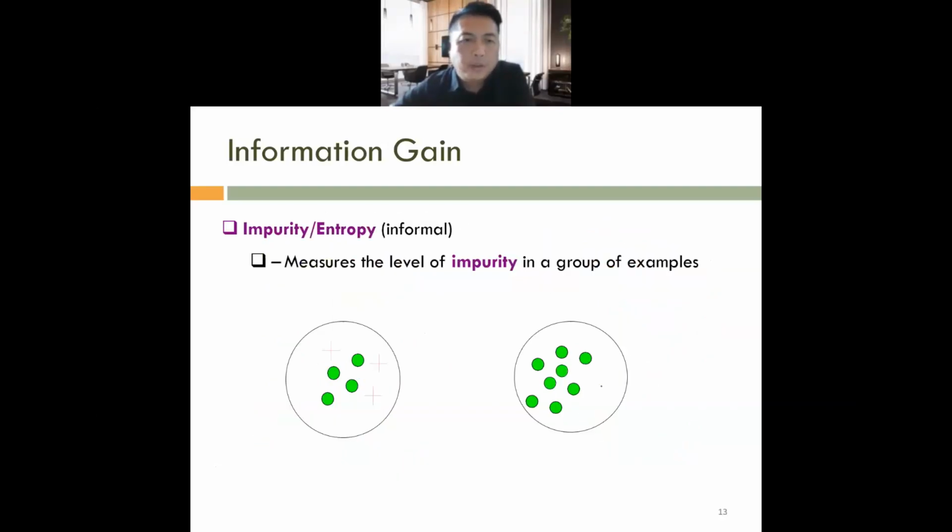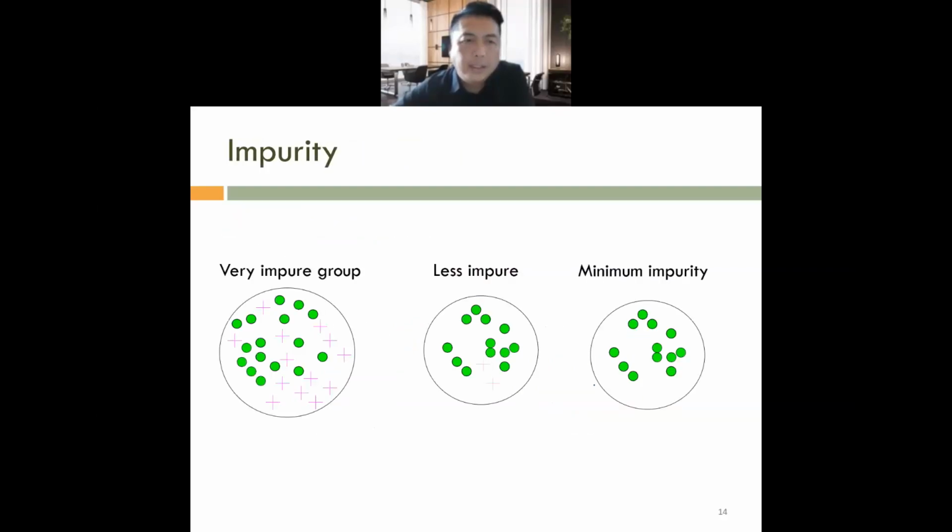Impurity refers to not pure. This one is a high level of impurity. This one is pure because they belong to one class only. So this is very impure, not pure compared to this one. This is minimum impurity, meaning very pure.